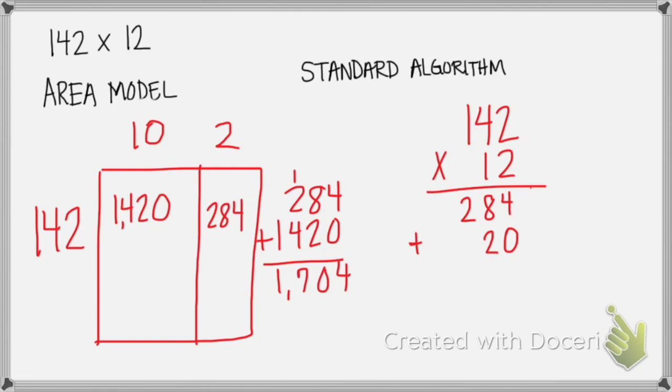Now 1 times 4 is 4, and 1 times 1 is 1. And I have another partial product, and we're going to add this together. And I get 1,704. And you'll also see that my partial products happen to be the same.